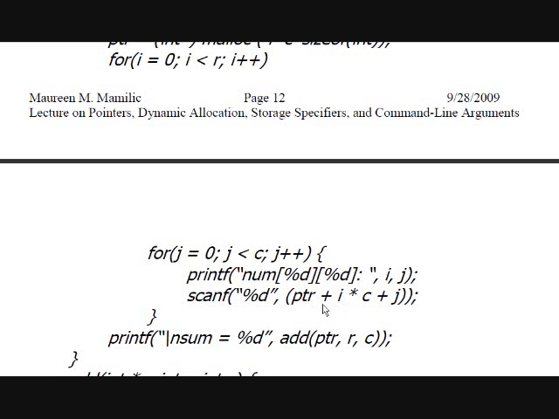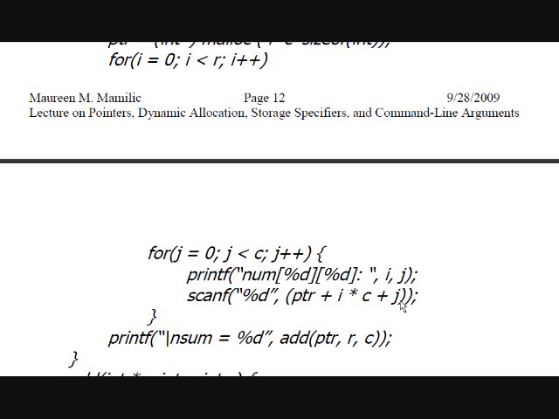So PTR plus the value of I times C plus J. Okay, so you cannot interchange the variables here. So it should always be like this. PTR plus the row number, the current row number, times the number of columns plus the current column number.